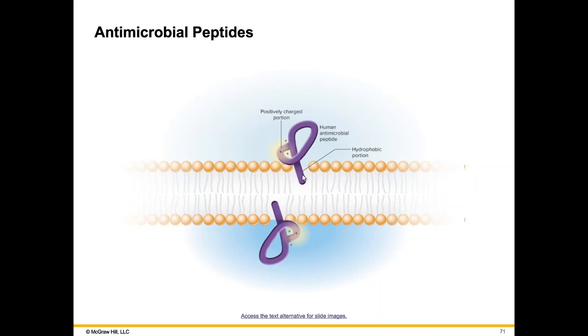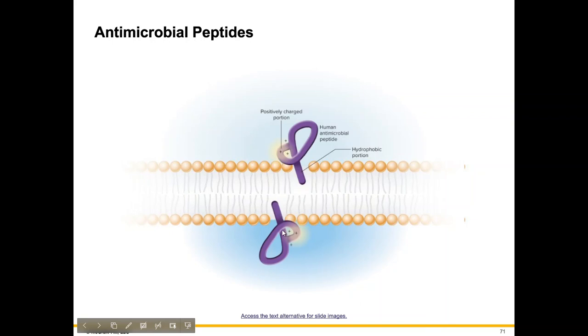Now, the hydrophobic portion is going to push itself into the plasma membrane's insides. Why? Because these tails are lipids. They're fatty acids. And as you all should be familiar with, those are considered hydrophobic, meaning they don't like water. And what's inside and outside of the cell? Mostly water.